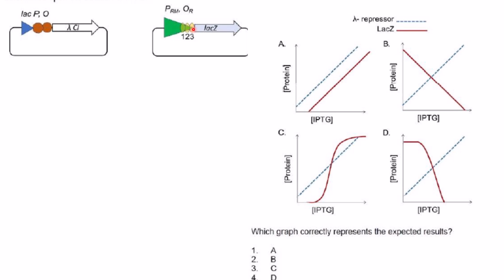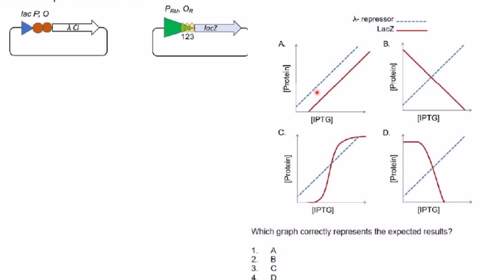Now upon binding to operator 3, it results in repression of synthesis of the lacZ gene. Okay. So whatever lacZ protein was produced in the cell will remain constant. Okay. So what should be your graph here?